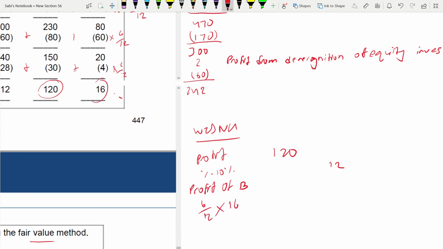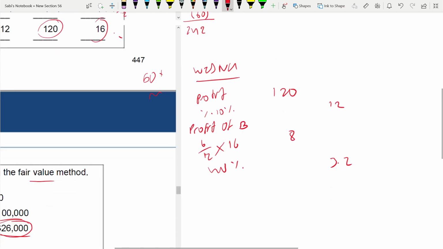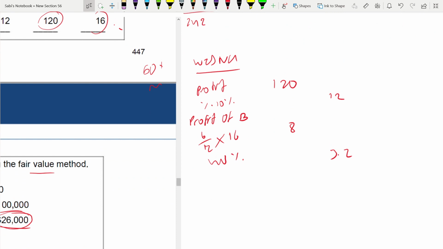So of this 16, you take 6 months, which is 8, and apply 40%, because when it becomes 10 and 50, it becomes 60. So NCI is 40%. So apply 40% to 8, which is 3.2. Because NCI percentage is separate, you have to do like this. Okay, so add 12 and 3.2, which becomes 15.2. This is the profit that goes to NCI, 15.2.